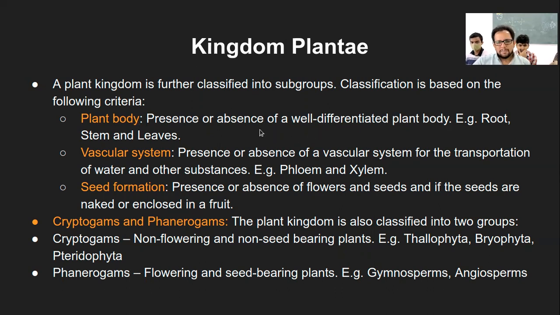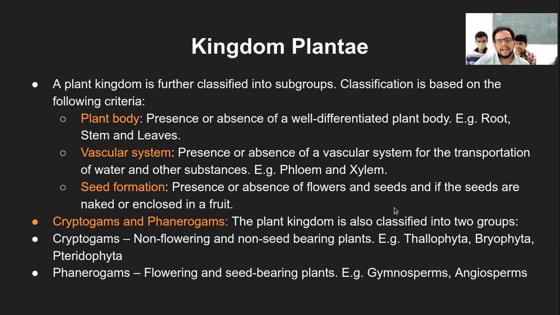And the example of this structure are root, stem, and leaf. Vascular system, these are the characteristics of a plant. Vascular system, again, you know of xylem and phloem for transportation purpose. Seed formation, again, the presence or absence of flowers and seed depends on what type of plant it is, whether it is an angiospermic plant or gymnospermic plant.